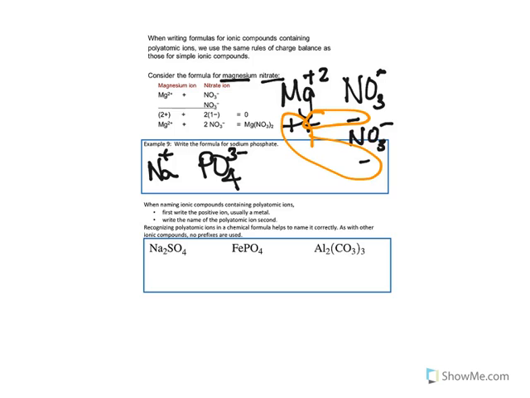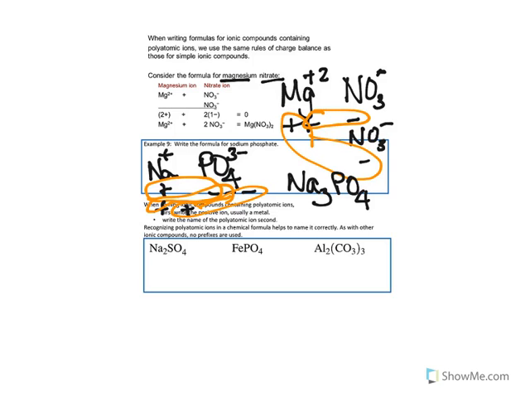Just like before, we need these to balance. Right now we have a +1 and we have 3 minuses. So at the moment we're not balanced, right? What do we need to do? Well, we need to add 2 more positives. Adding 2 more positives means adding 2 more sodiums. So our formula is Na3PO4.